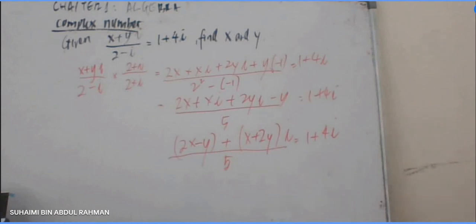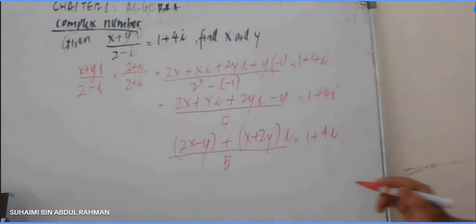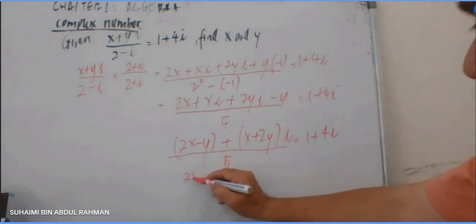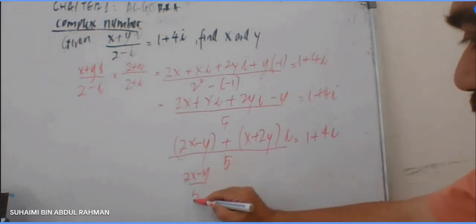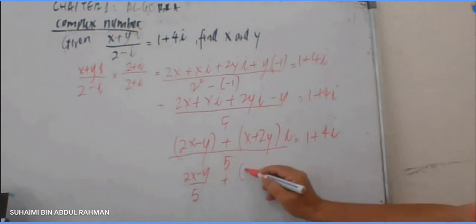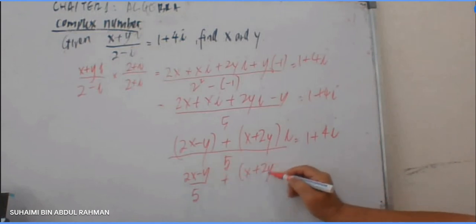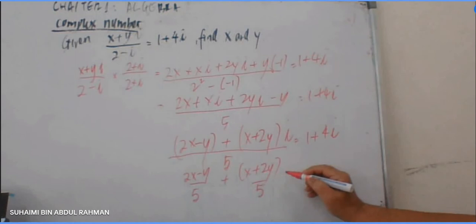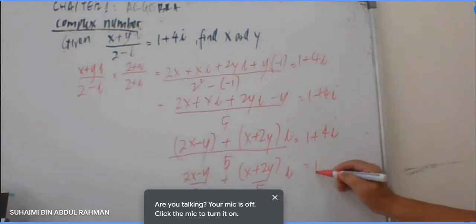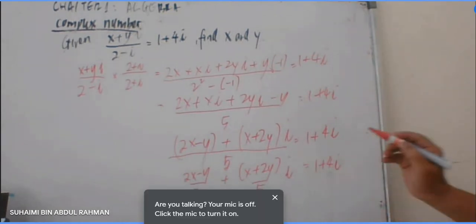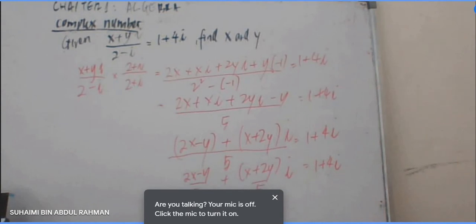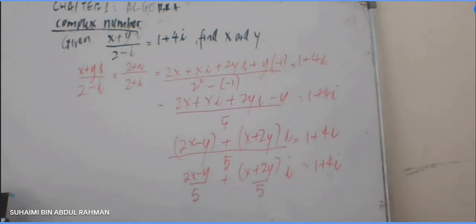And if we want to separate more, we can rewrite as 2x minus y over 5 plus x plus 2y over 5 i equal to 1 plus 4i.